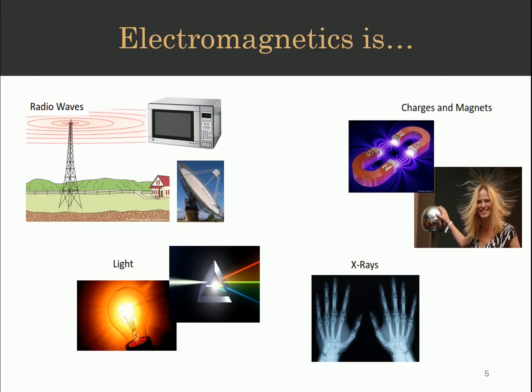So a few examples where we have seen electromagnetism working hand in hand: obviously you must have seen microwaves in your homes which generate these electromagnetic waves. We use this to heat any given cold food or defrost most of the foods.